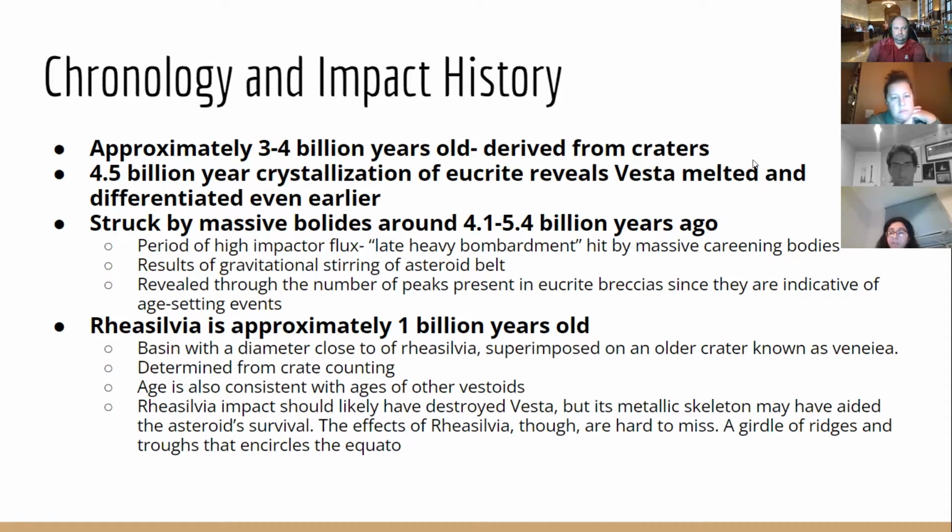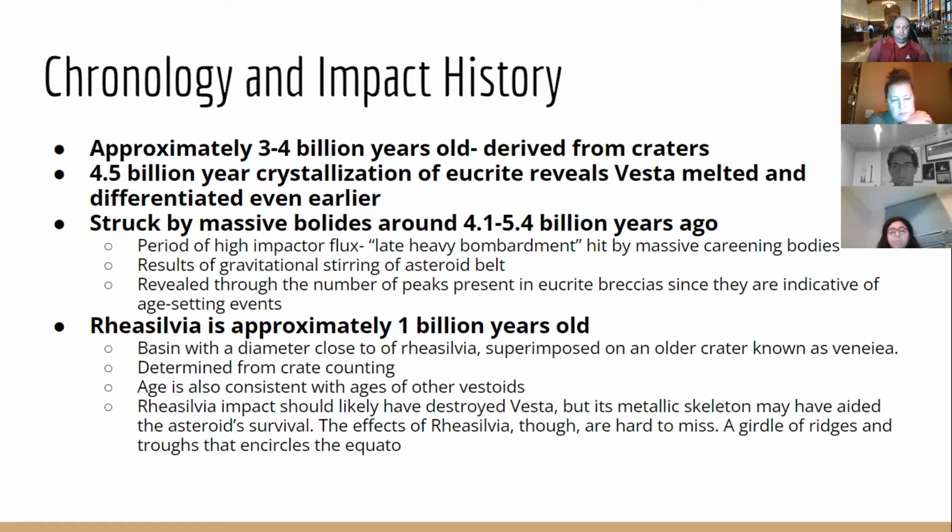This period is known as a high impactor flux or a late heavy bombardment period, which is basically when a bunch of massive careening bodies come together and crash, which is very catastrophic. And the result of this is gravitational scattering within the asteroid belt. So this is all revealed through the number of peaks that I mentioned before that are present on Vesta.